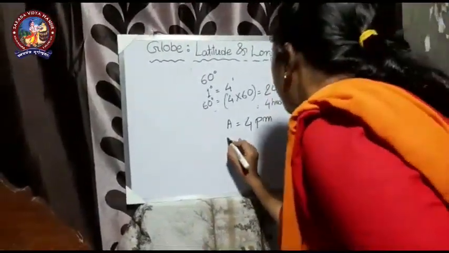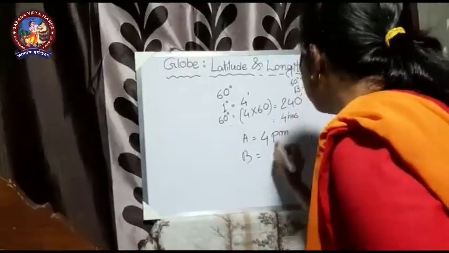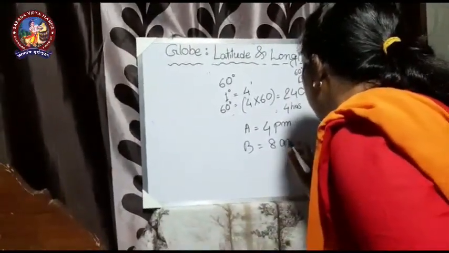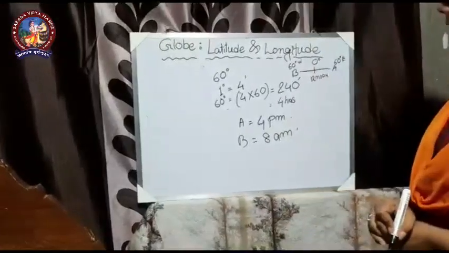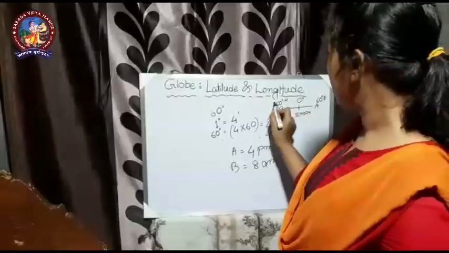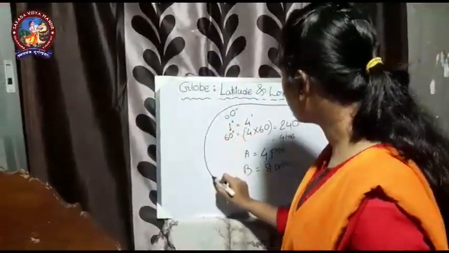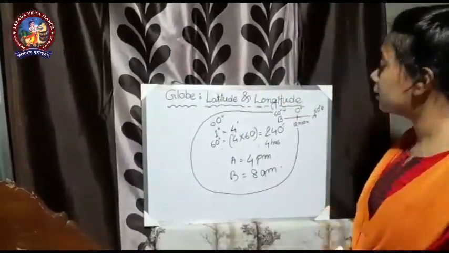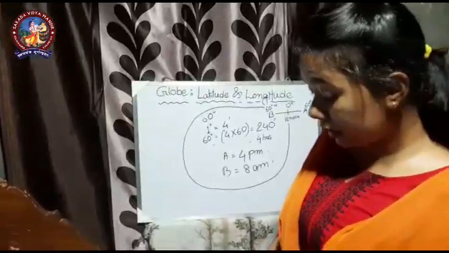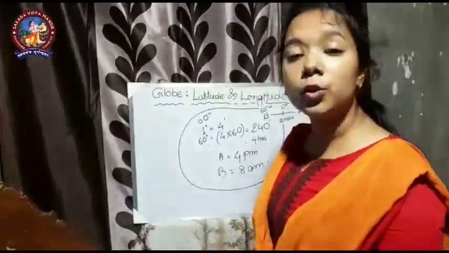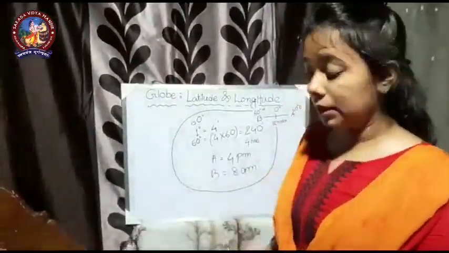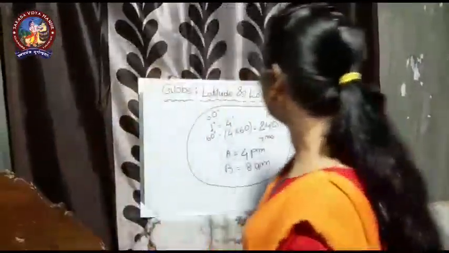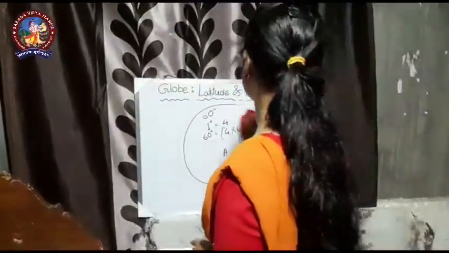So for place B, the time is 8 a.m. Like this, the longitudes are helping us to know about the time of a particular area, that is known as the local time.